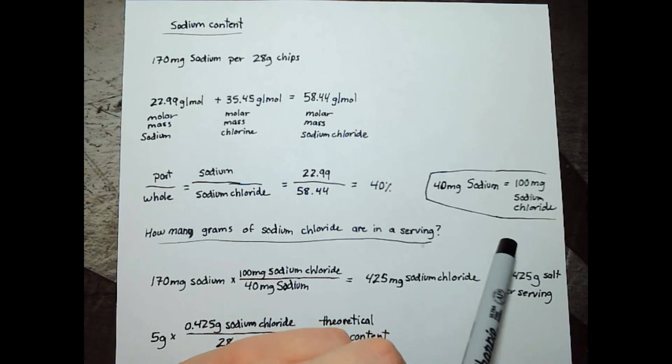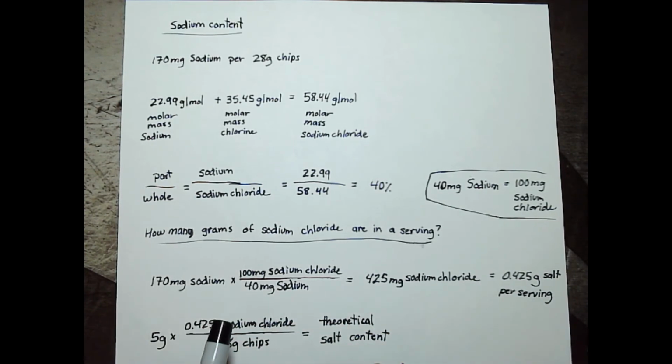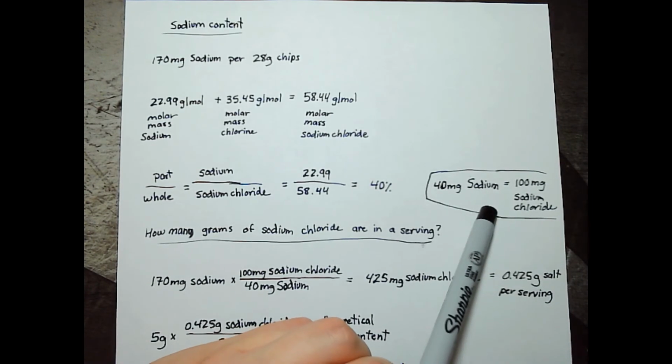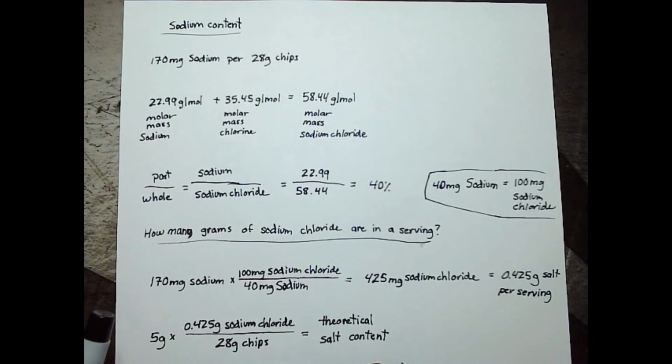So what we need to do is find how much sodium chloride there was in our original 5-gram sample. I think the easiest way to calculate that is to use this number here as our conversion factor. So we want to find out how much sodium chloride there is in 1 serving by starting with only the amount of sodium.